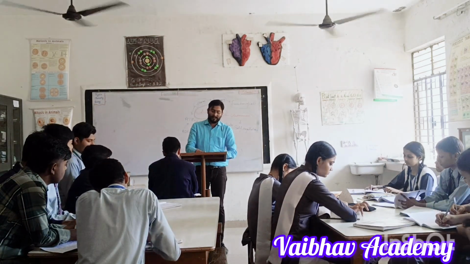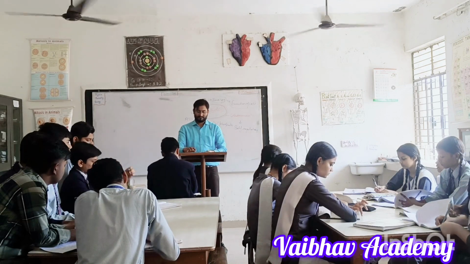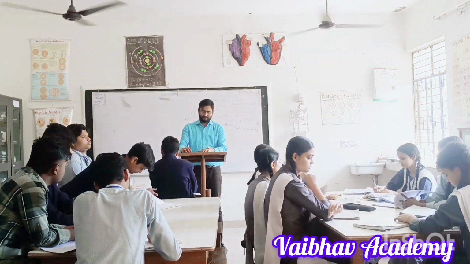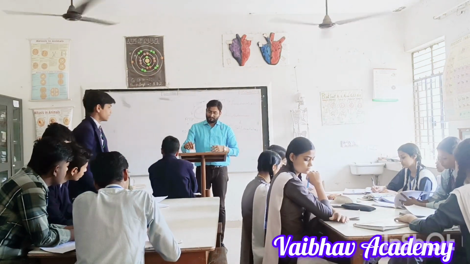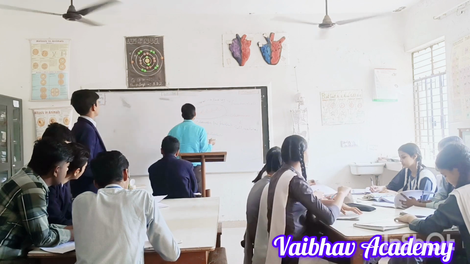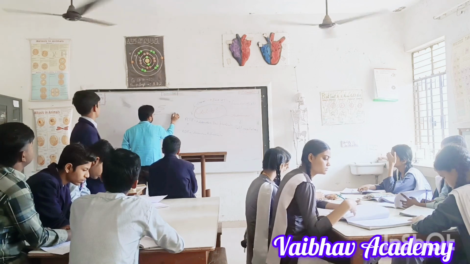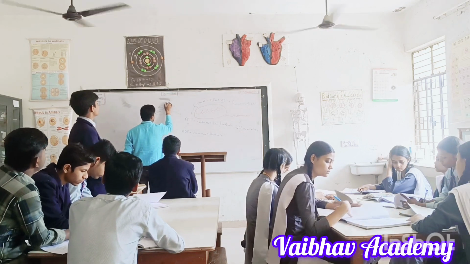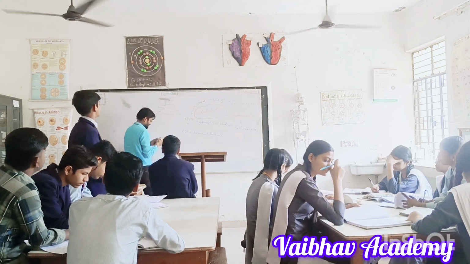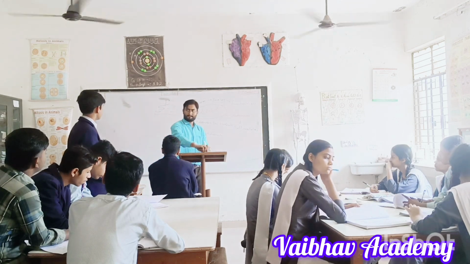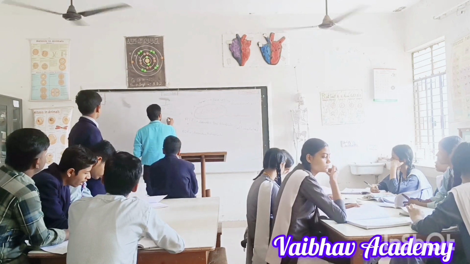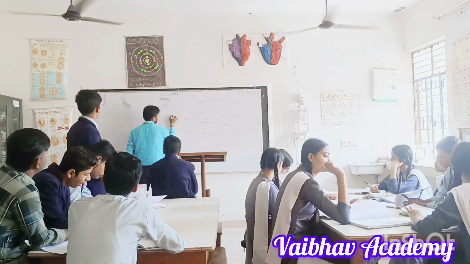What is endoplasmic reticulum? Aman. Sir, there are two types: smooth endoplasmic reticulum and rough endoplasmic reticulum. Sir, in smooth endoplasmic reticulum there is the absence of ribosome, and in the rough one there is the presence of ribosome, which has the formation of fat.